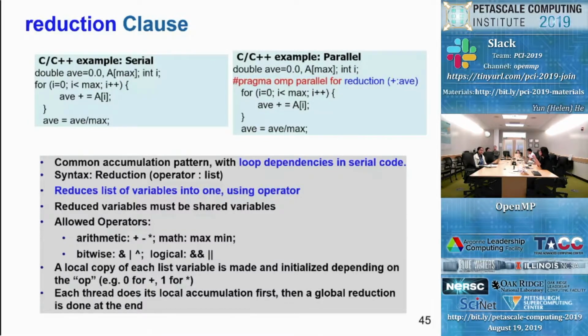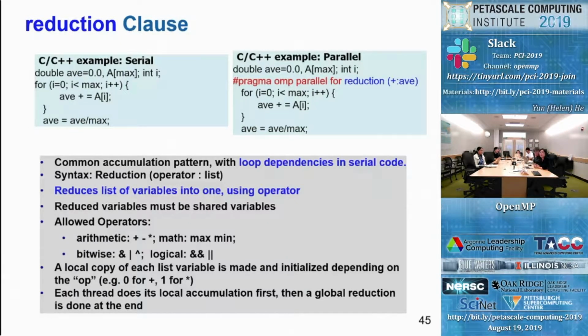It could be different algorithms that you don't need to care about. So you have, say, 10 threads and you have 10 local variables. The OpenMP implementation will gather them and reduce them to the last one.